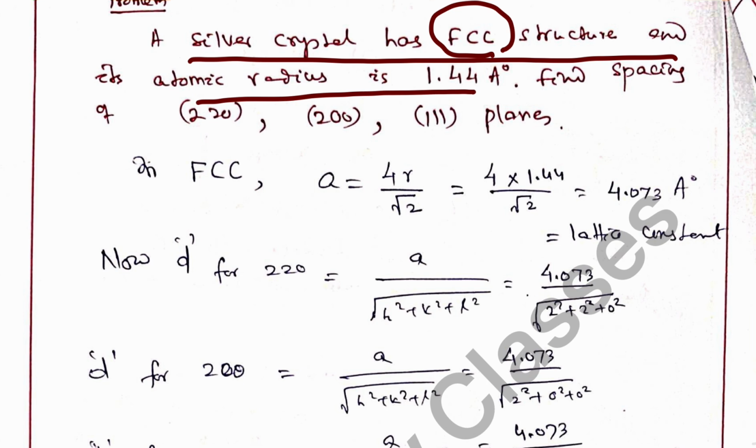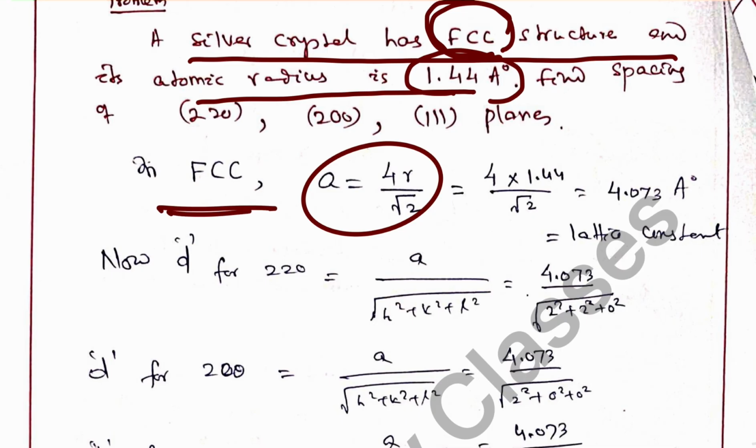If the atomic radius is given for an FCC structure, we can find out the relation for a. a will be 4r by root 2. This is for FCC structure. So r is the radius given, and it is multiplied with this, so 4.073 angstrom becomes the lattice constant, or the axial length a.